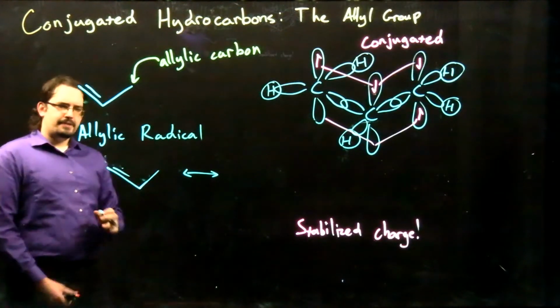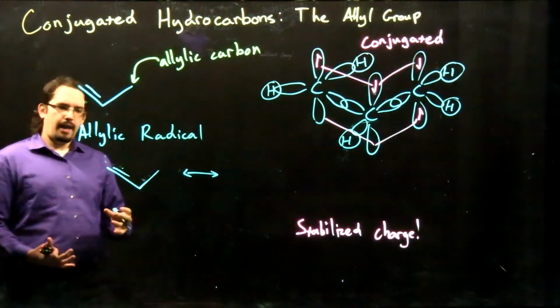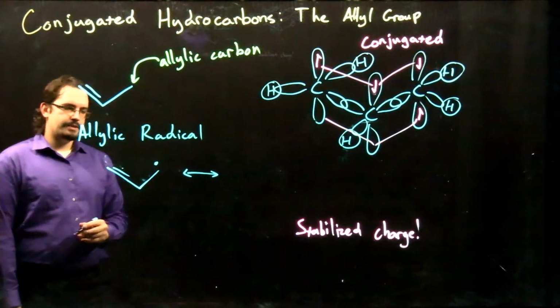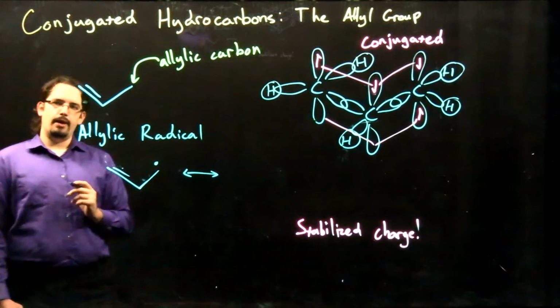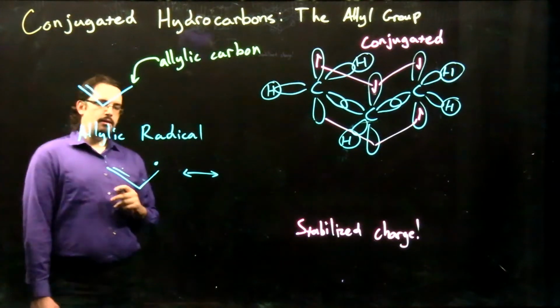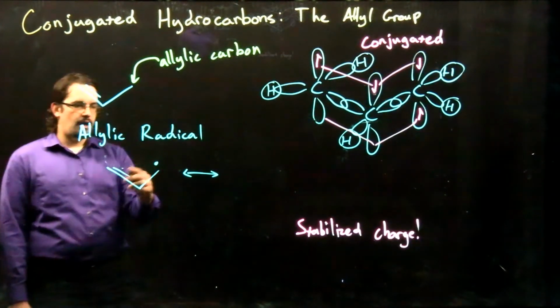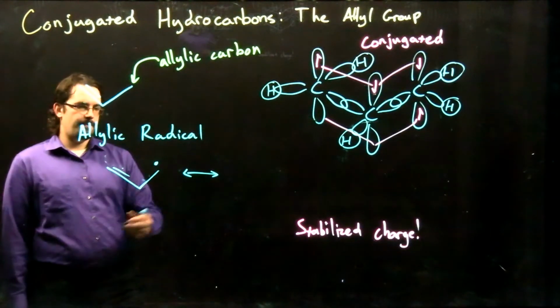Now let's look at a third scenario where we have a free radical at our allylic carbon. So again, we'd have our 3 carbons here with our double bond, and now we have our single free radical electron, which of course would be sitting in a p orbital on our carbon over here.